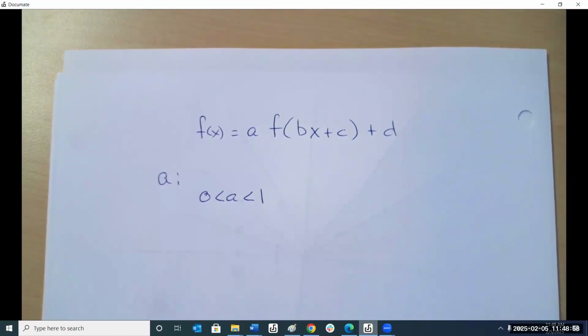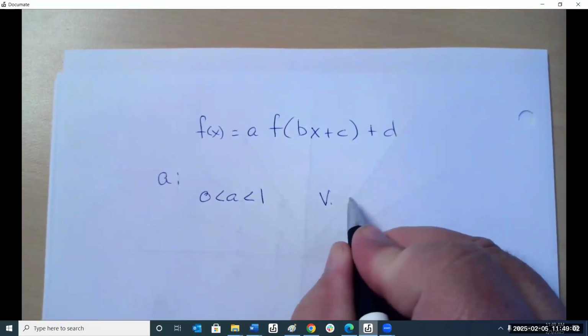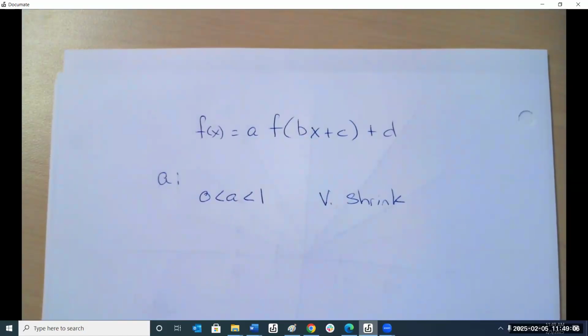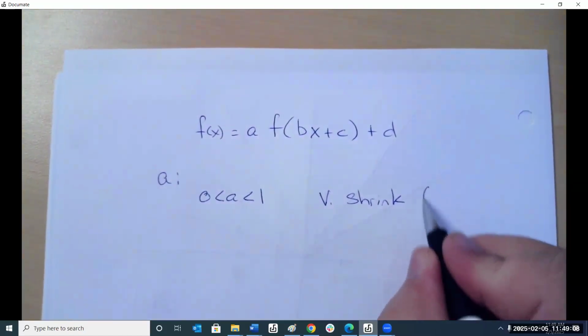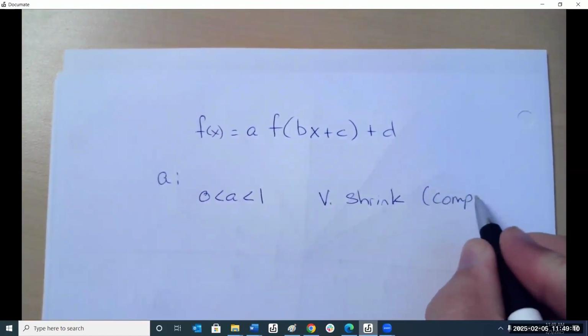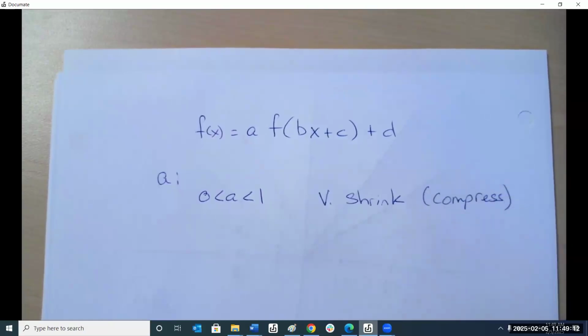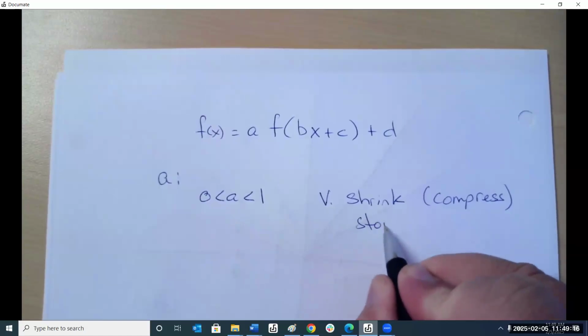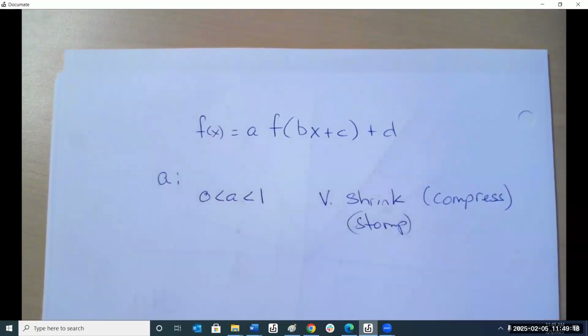And because it's getting small, this is a vertical. It all depends on who you ask. It's a vertical stomp. This is Texas, so we're stomping on it. If A is between 0 and 1, you're vertically stomping on it. It's going to get very close to the x-axis.